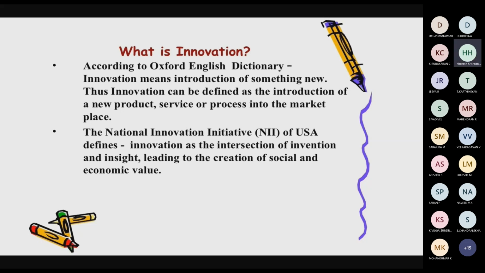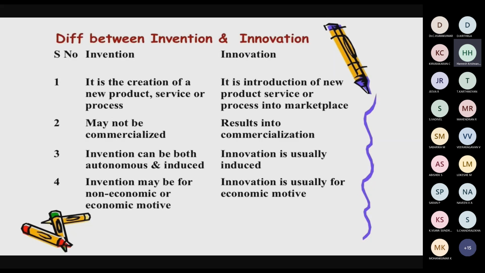That is, innovation is invention plus economic value and social benefits and application. Next, what is the difference between invention and innovation? Invention is the creation of a new product, service, or process.